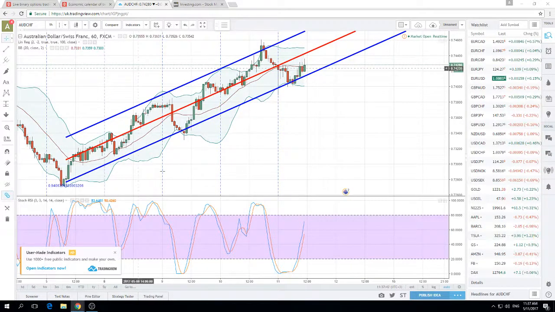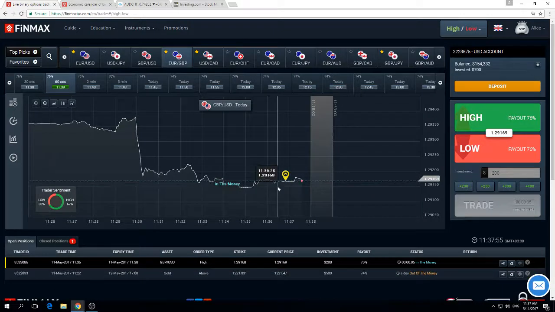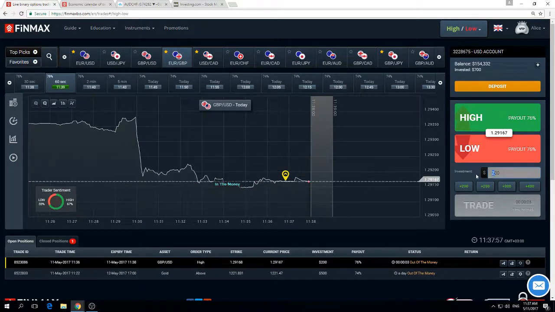I have a recommendation here to open the trade on Siemens, but as I don't have it on my chart, I cannot analyze the market. I cannot make any prediction.